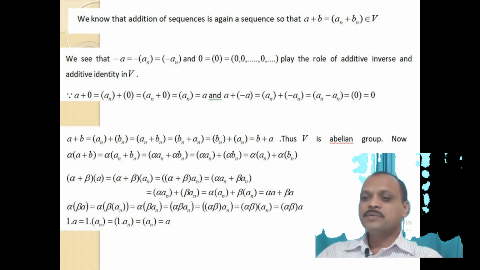Alpha plus beta, a single element, multiplied to An gives alpha An plus beta An, that is alpha A plus beta A. Alpha into beta A is the same as alpha beta into A, and 1 into A is equal to A. So the four conditions of a vector space are satisfied, and therefore the set of sequences is also a vector space.